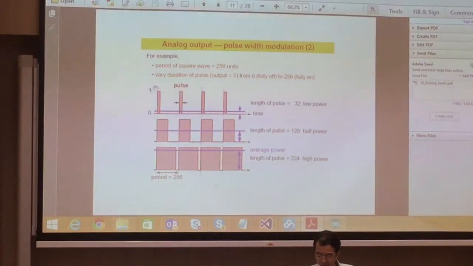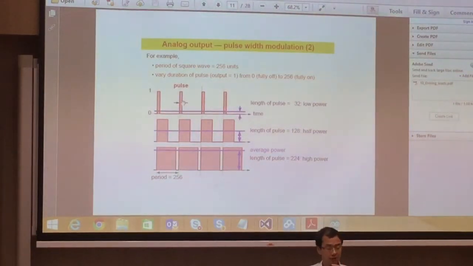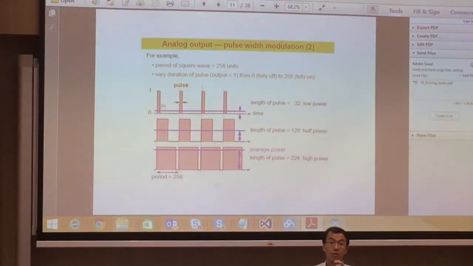But actually, if your frequency is high enough, your eyes cannot notice the LED being turned on and off. If your frequency is low, you will see it. If your frequency is high, you only see the intensity of the light changing. You will not see the light being turned on or off.